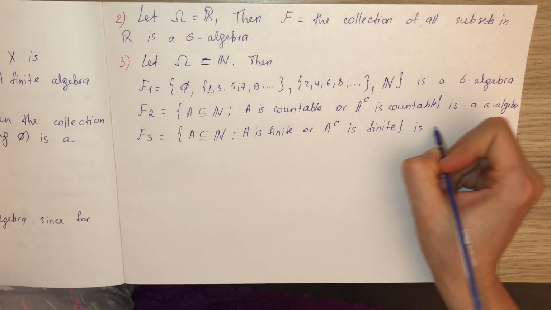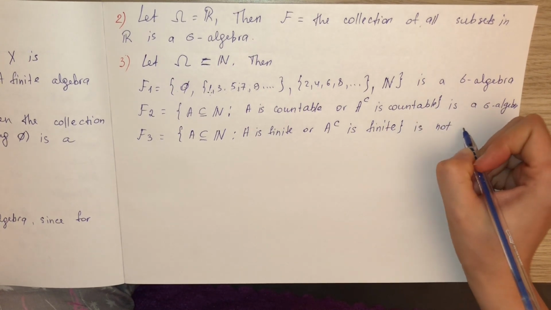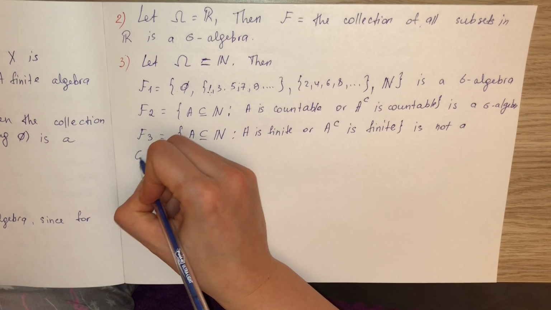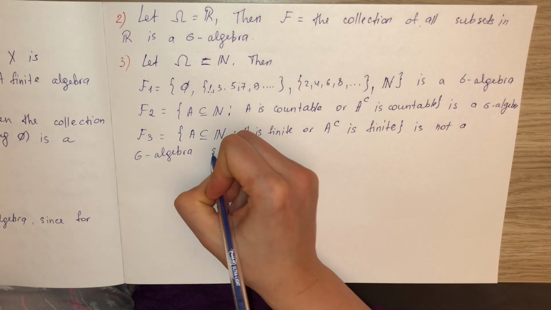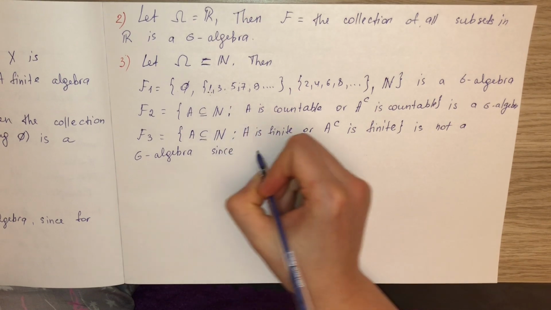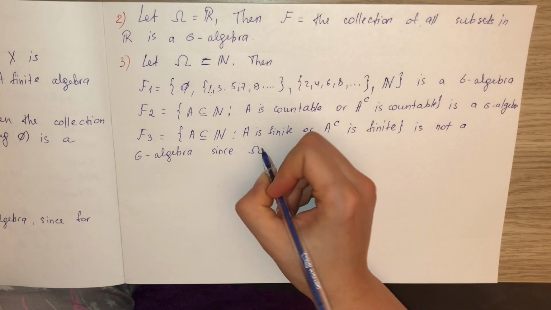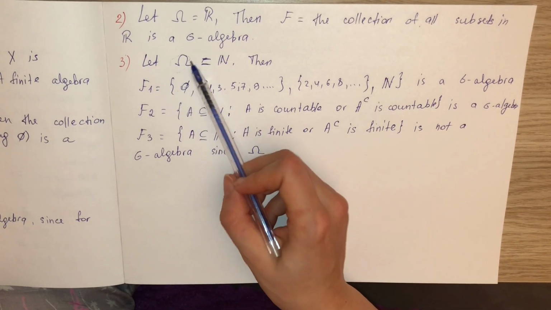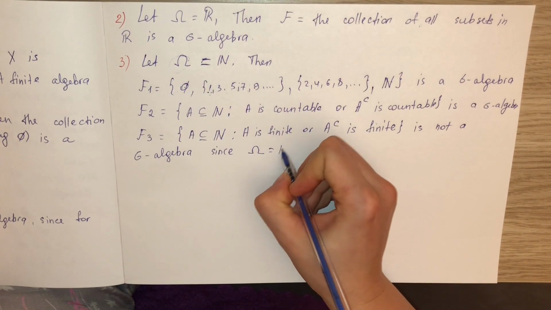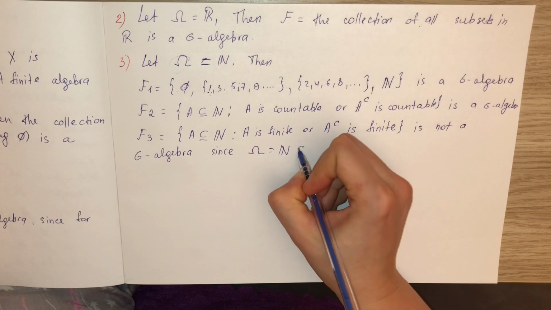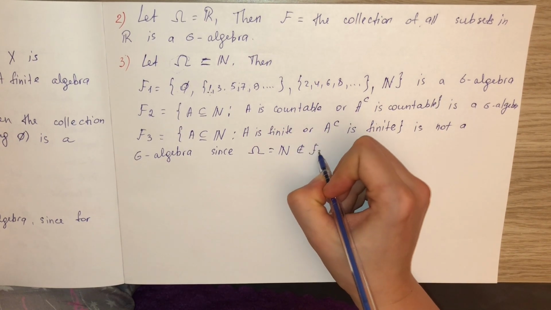This is not a sigma algebra. Why not? Since Omega itself, which is N, is not included in F3.